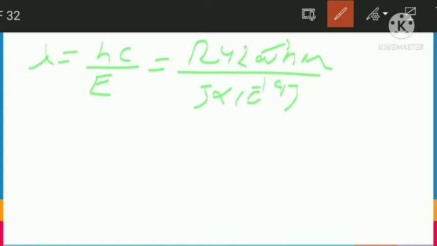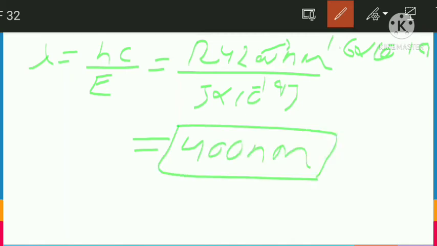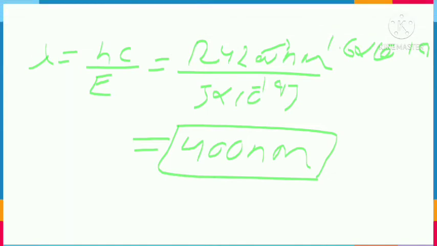Simply convert this into electron volts by dividing by 1.6 × 10^-19, and we get a value of 400 nanometer. I hope this question is clear to you. This question is again based on a concept of how you approach finding the energy of each photon. So we can move to the next question.